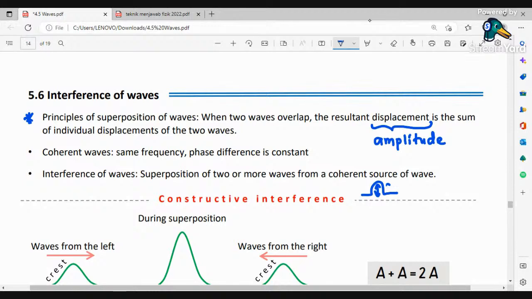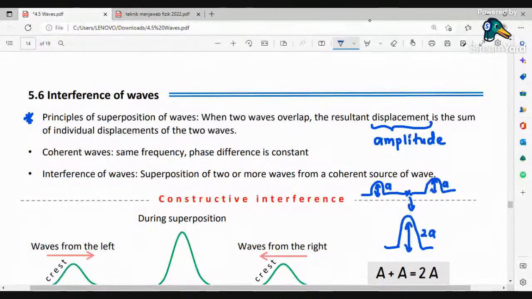The amplitude is A, and then it will meet at this point another wave, amplitude also A. When they meet at this point, the resultant displacement is equal to the sum of displacements, meaning amplitude will be A plus A. So the new amplitude is A plus A, which equals 2A, meaning it will produce a new resultant amplitude 2A.